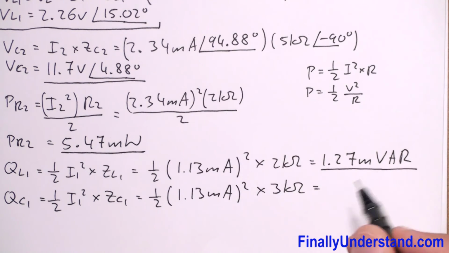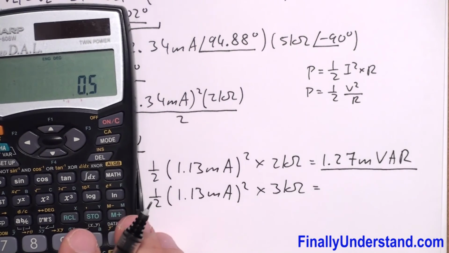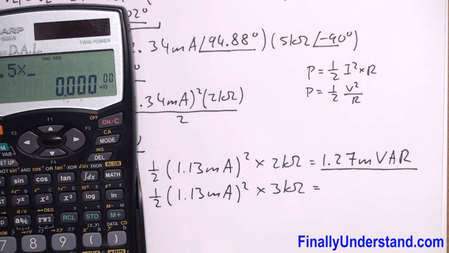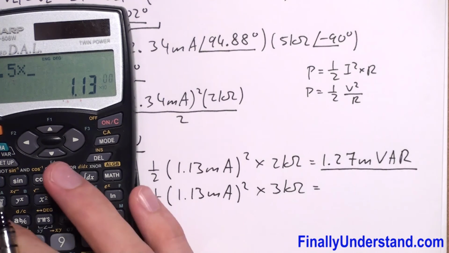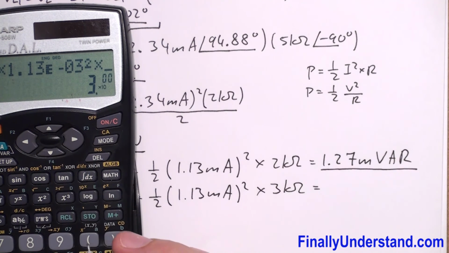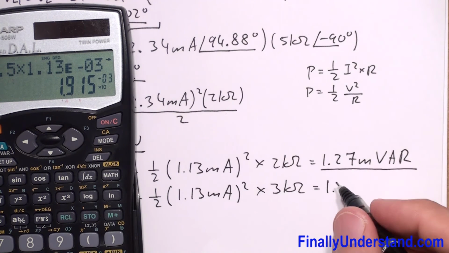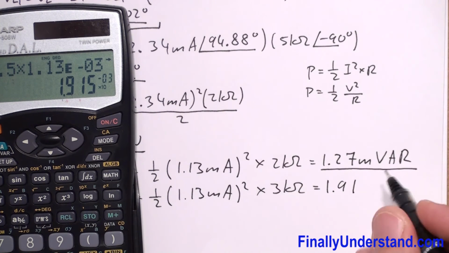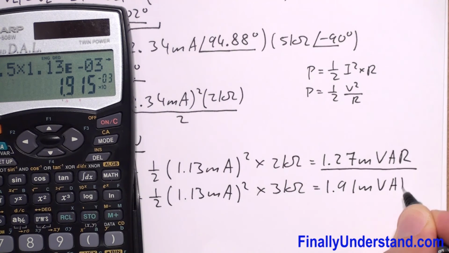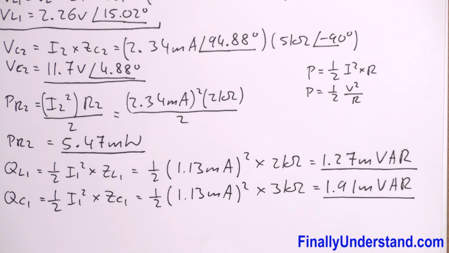So this is equal 1/2 times 1.13 exponent 3 negative square times 3 exponent 3 equals 1.91 millivolt ampere reactive. Okay, so this is the reactive power at my capacitor C1.